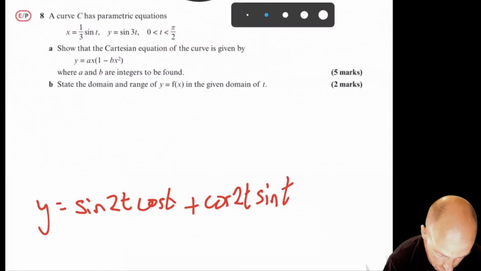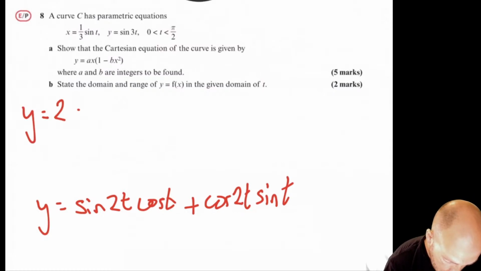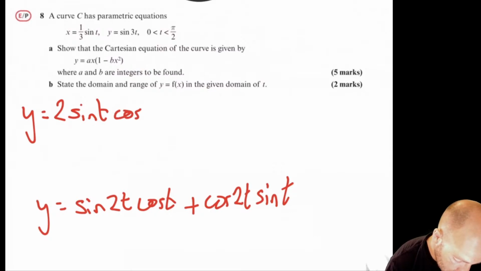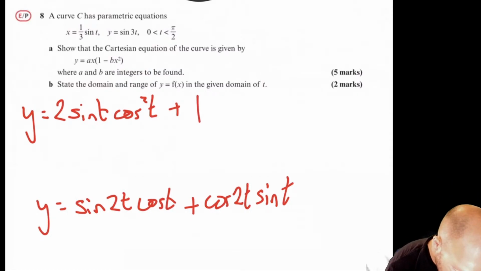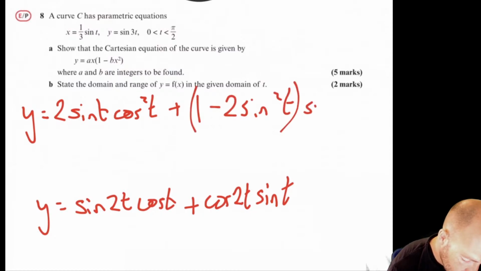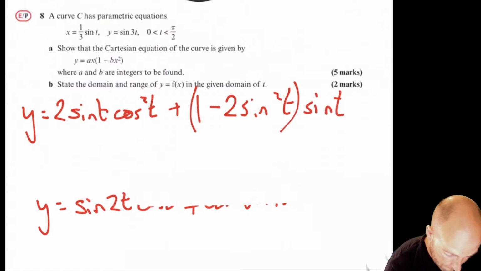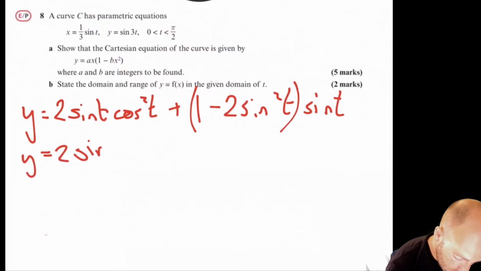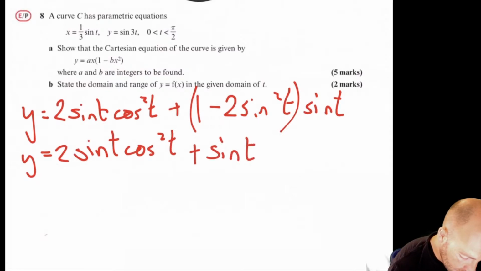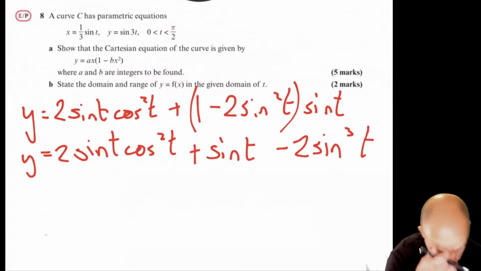And now we can use a double angle formula, right? y equals 2 sine t cos squared t plus, let's use the sine only version of the cos one, so we get 1 minus 2 sine squared t, times sine t. Let's expand all this. y is 2 sine t cos squared t plus sine t minus 2 sine cubed t.